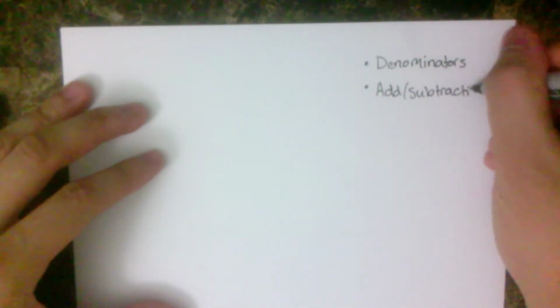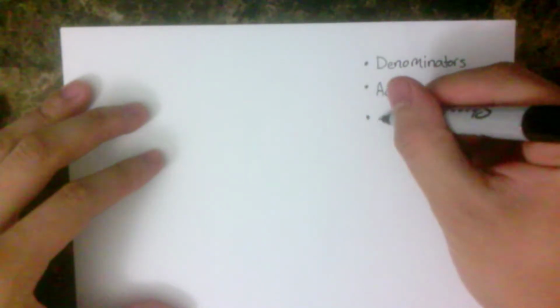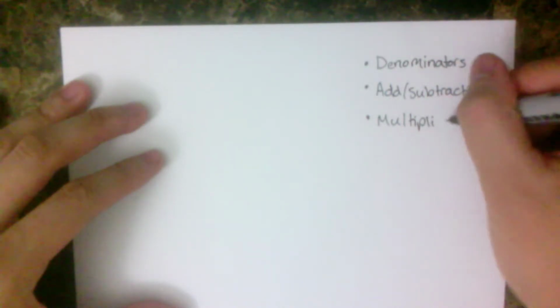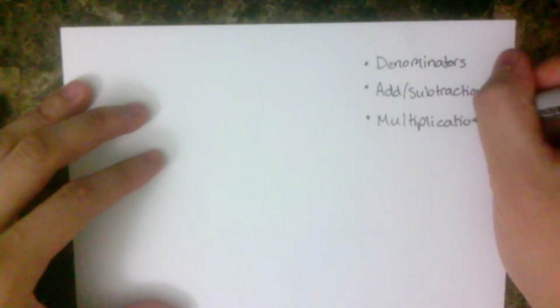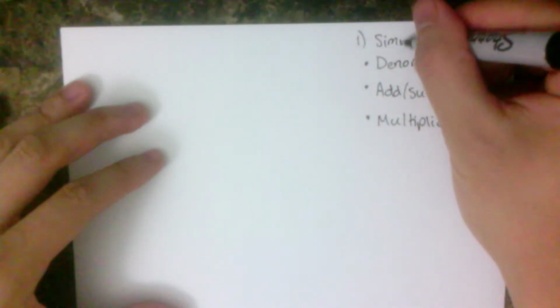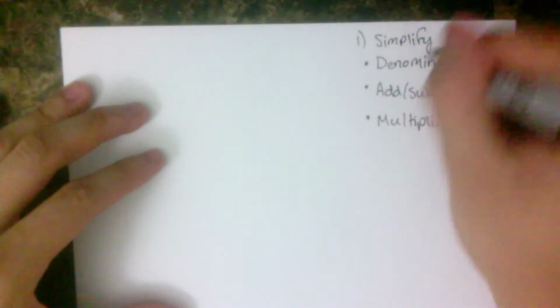And then last, you want to get rid of any multiplication. Okay? And as a typical whole, simplifying each individual side is the best first step. Okay? So typically you want to simplify, then deal with any denominators, then deal with addition and subtraction, and then last we'll deal with multiplication. And this is going to be true for the majority of your problems.